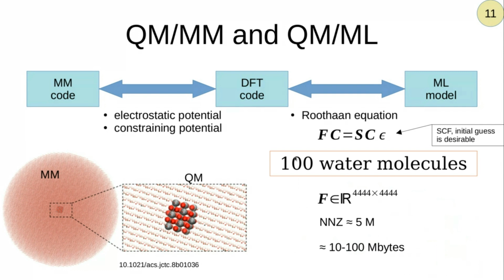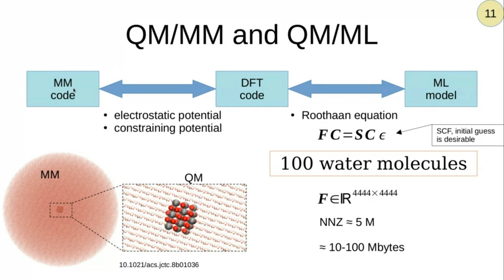As you can see, for the same example, 100 molecules, the size of matrices will be huge, and even if you apply a sparse representation, the size of matrices can be of the order of tens or hundreds of megabytes for a not so large system. And if you want to conduct the computations fast, you have to transfer this data quickly.